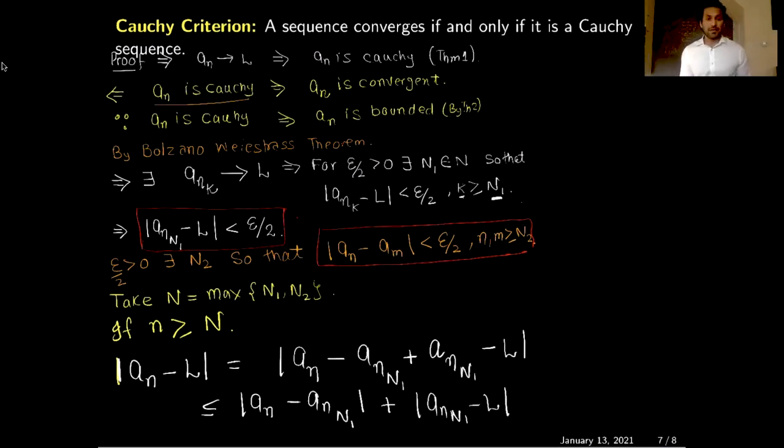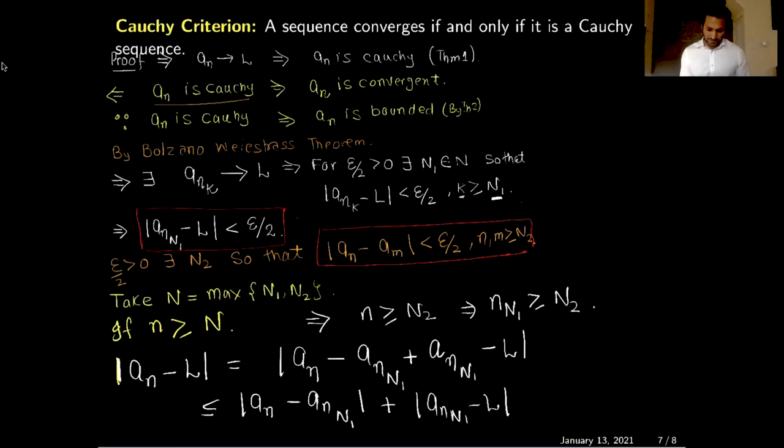Since n is bigger than or equal to capital N, this implies n is also bigger than or equal to N2. So if n is bigger than or equal to N2, this will also imply n_{n1} is bigger than or equal to N2, because this sequence n_k is an increasing sequence, and N2 is just a natural number.